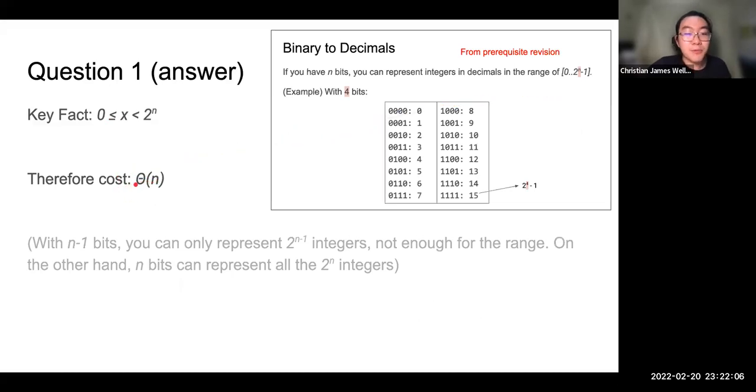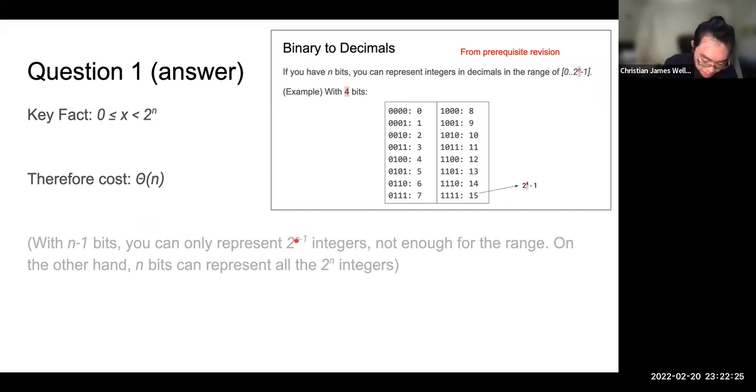In fact, it's pretty precise: you have to pay exactly n just to send that number x. You may also argue this way: with only n minus 1 bits, we can only represent 2^(n-1) integers, from 0 to 2^(n-1) minus 1.